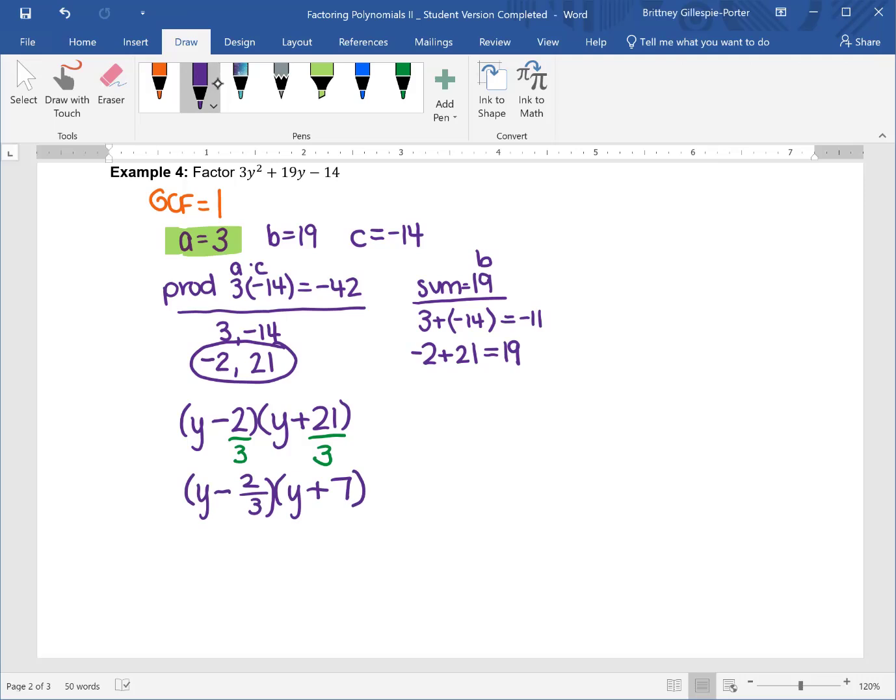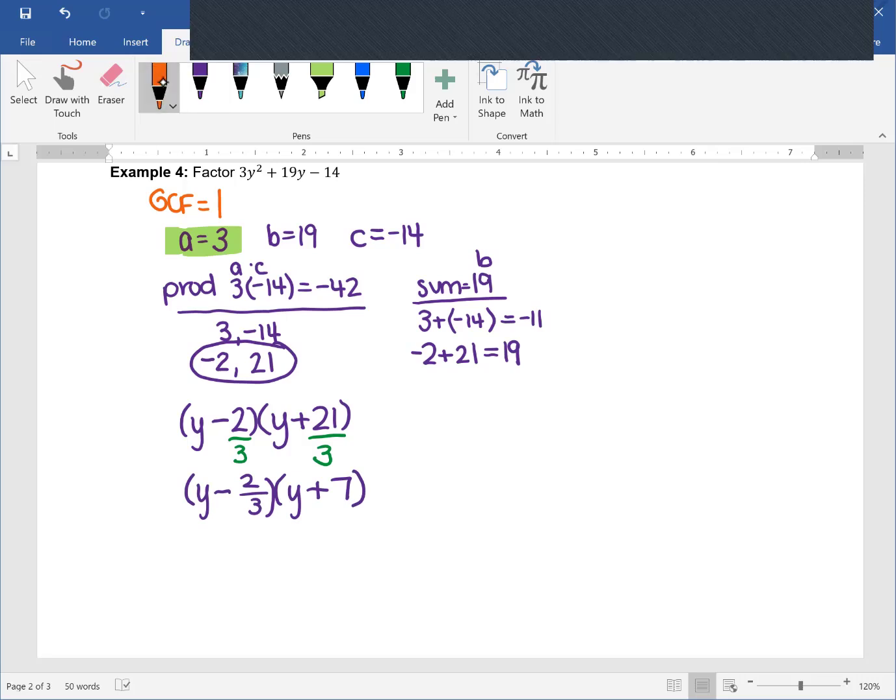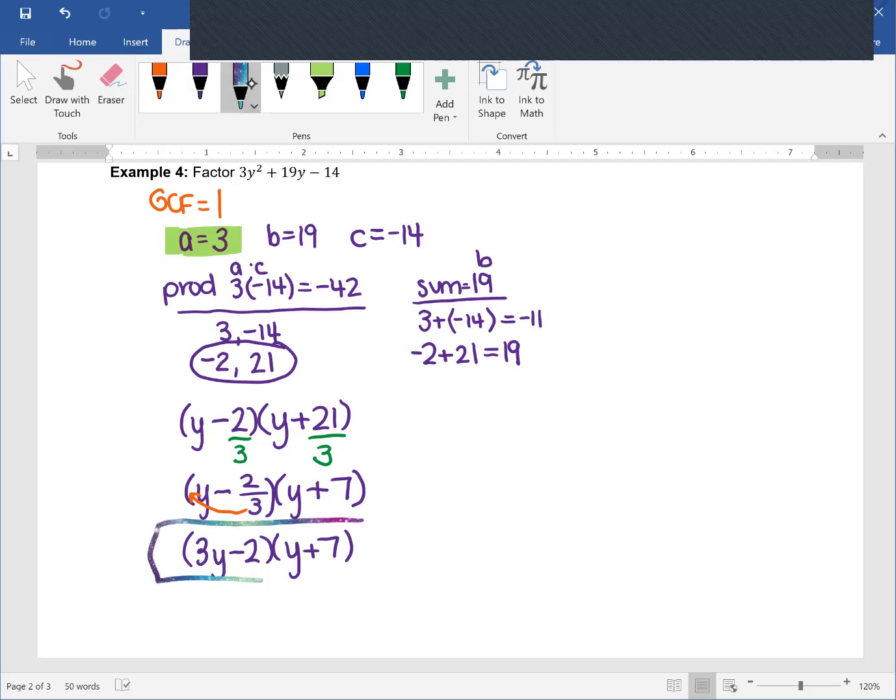We're not done yet because we still have a number in the denominator. So 3 needs to come up for the bottoms up part of the bottoms up method. We get 3y minus 2 times y plus 7. Because our GCF was 1, we do not need to remember our GCF out front.